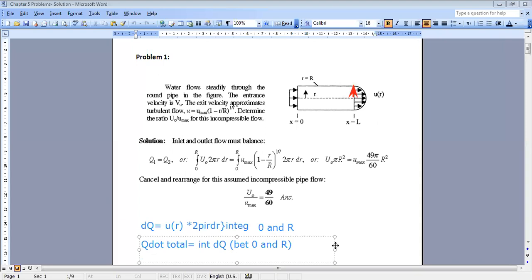So u of r is equal to u max times 1 minus small r over big R to the power 1/7.